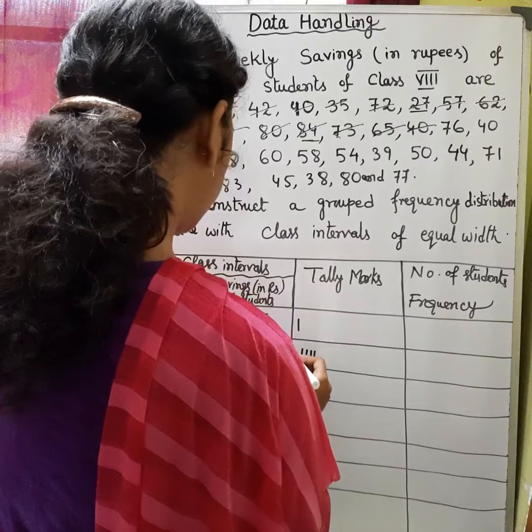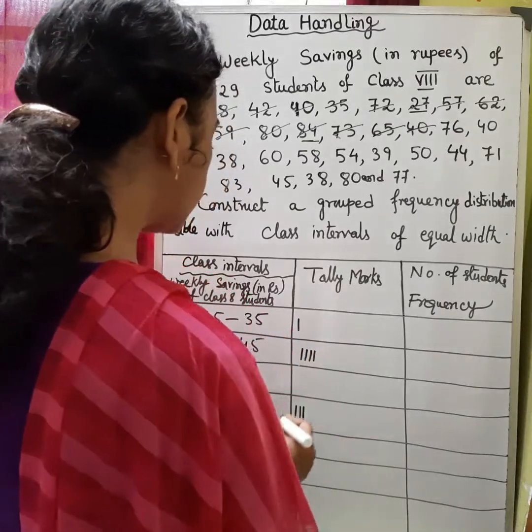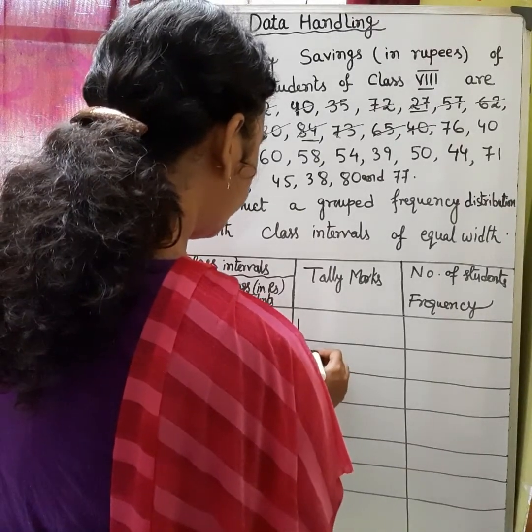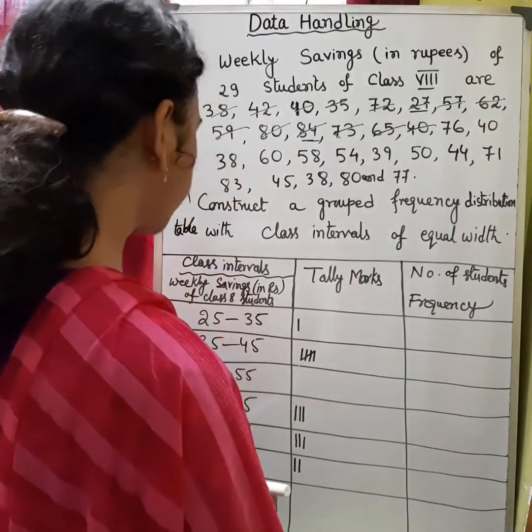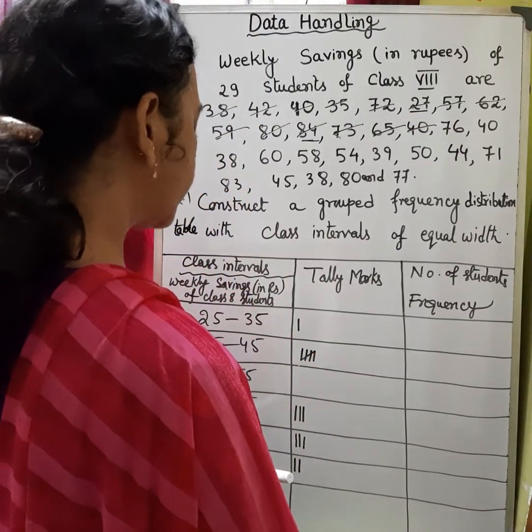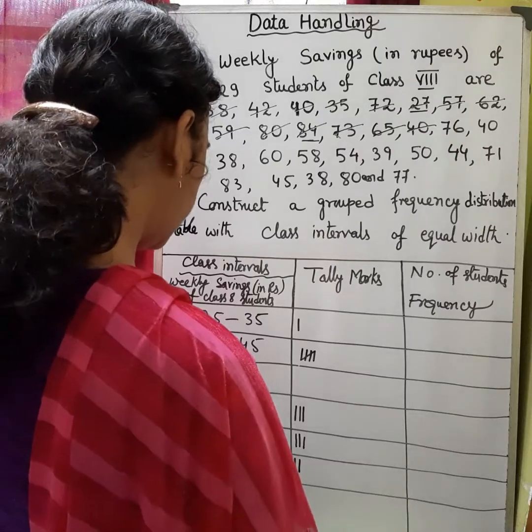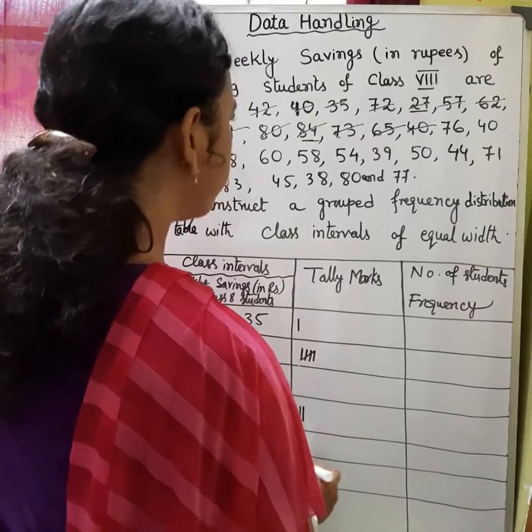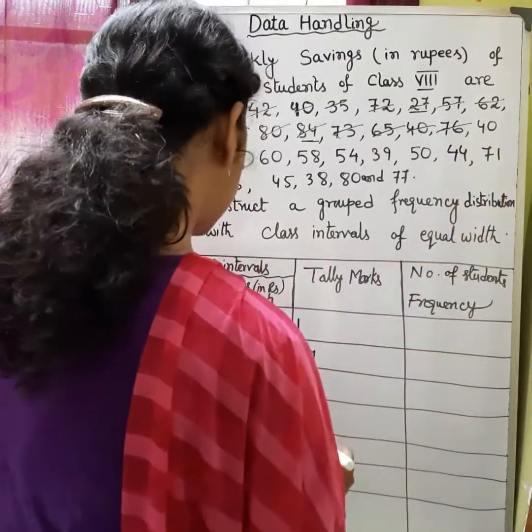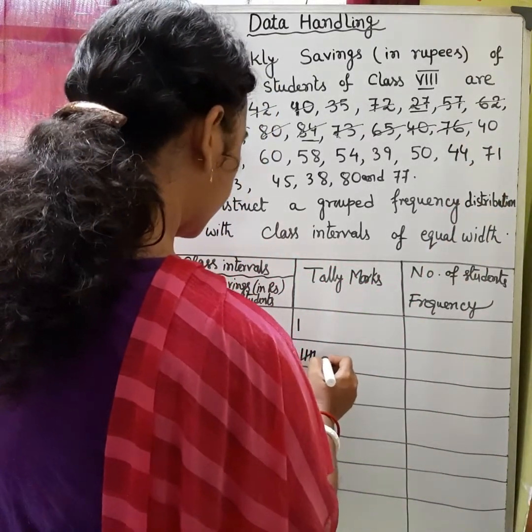So already 4 tally marks are there, so we put the fifth one by crossing these 4 tally marks. Now after that 76, that will be in the last row, that is between 75 to 85. Again 40 is there, so we put it in the second row.